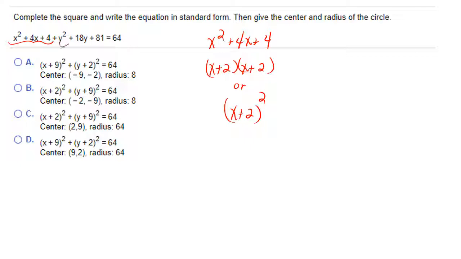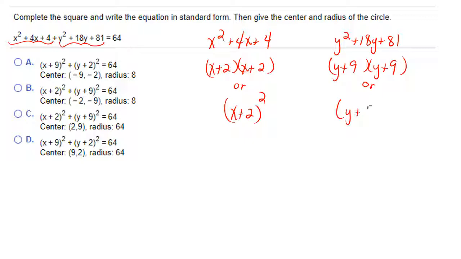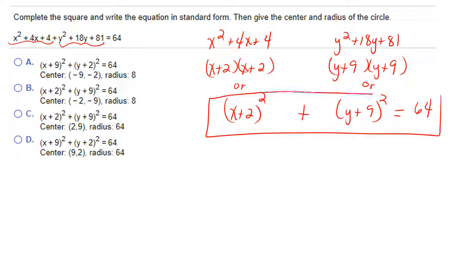Then I will take the second 3 terms, which would be y squared plus 18y plus 81. Again, if I use my factoring techniques, that's y plus 9, which is y plus 9 squared. Then I bring over the plus sign in the 64, and here I have the equation of my circle.